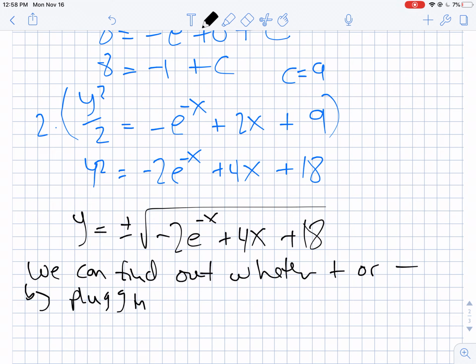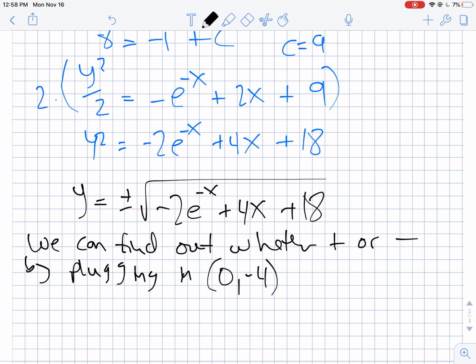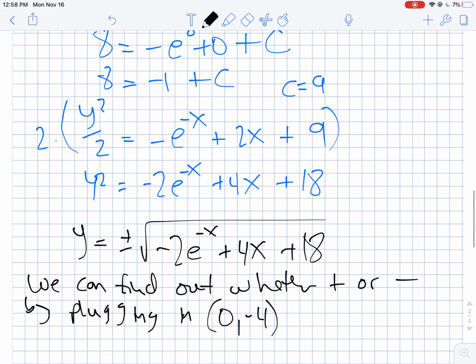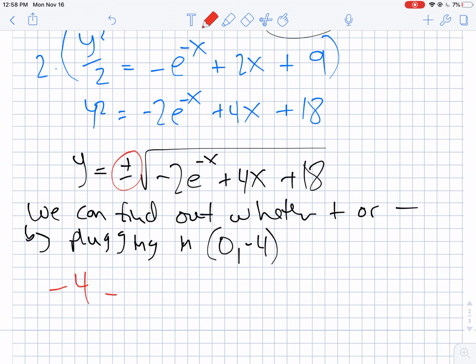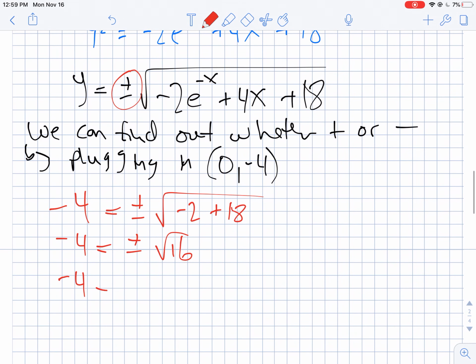So we're going to plug in that point, 0, negative 4, a second time. I know it seems weird that we're plugging in a second time, but the first one was to find the c, and the next one we're trying to solve for the plus or minus here. So I get negative 4 equals plus or minus the square root of negative 2 plus 18. So I get negative 4 equals plus or minus the square root of 16. So I get negative 4 equals plus or minus 4.